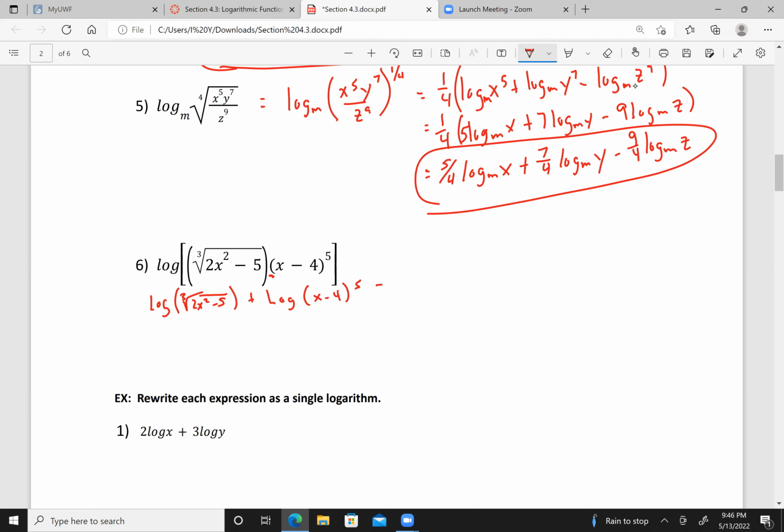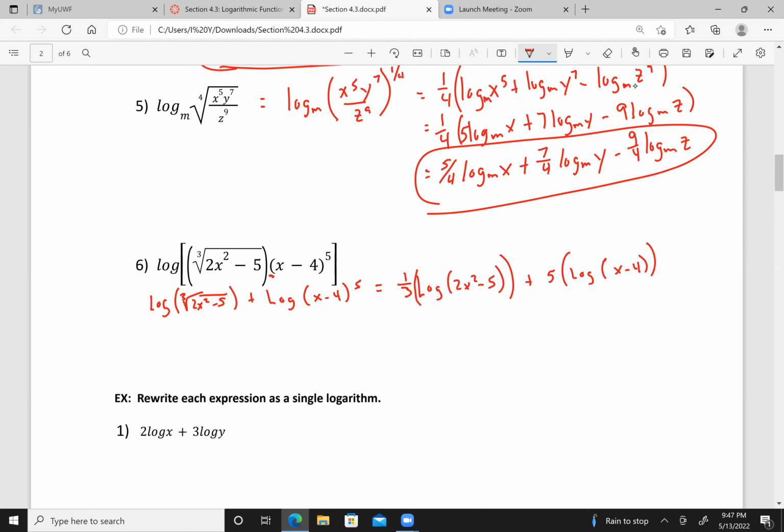Okay, and I'm going to work this way. So this is 1/3 the log of 2x squared minus 5 plus 5 times the log of x minus 4.